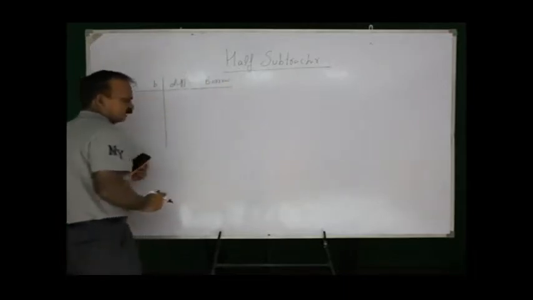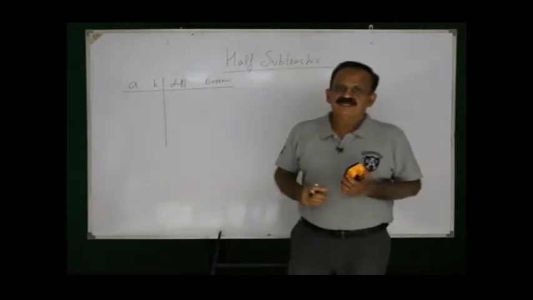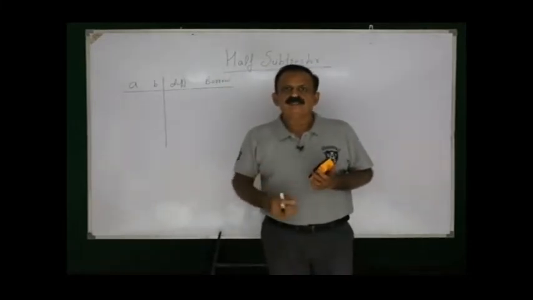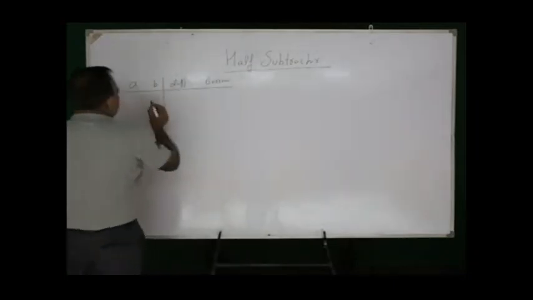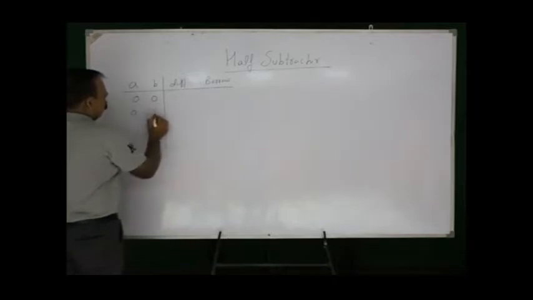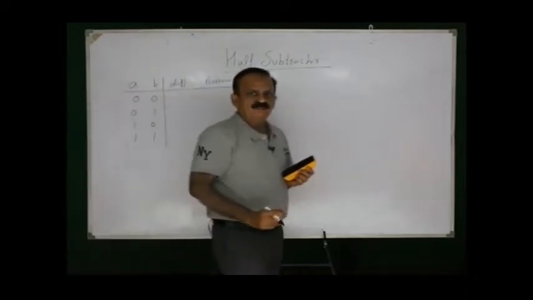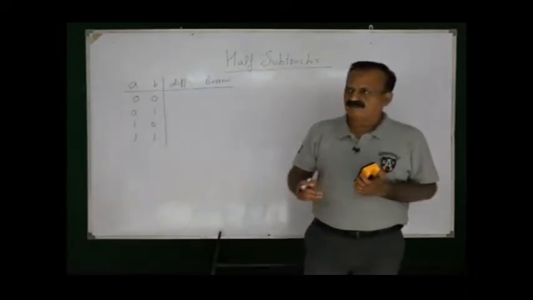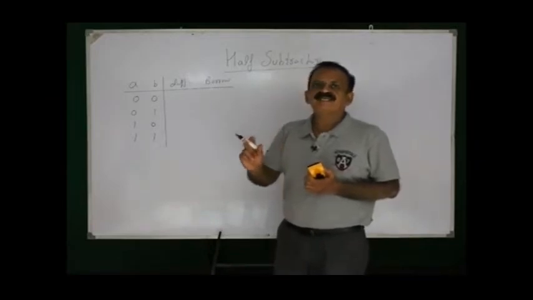Now in subtraction, the term we will get is difference, and the second one will be borrow. Now the 4 possible combinations with 2 inputs will be 0 0, 0 1, 1 0 and 1 1, and we are performing A minus B.